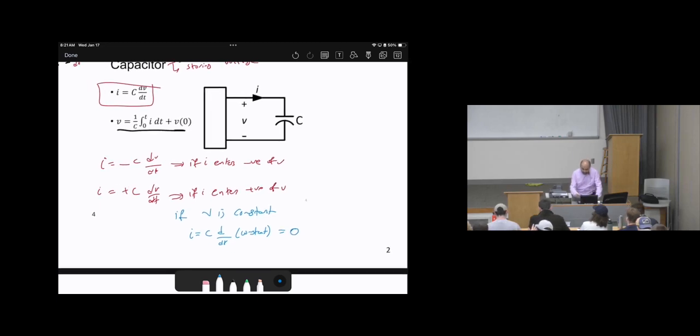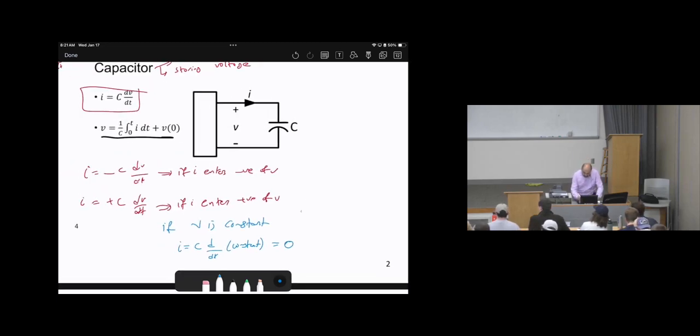So the only way to make it 0, we will replace this circuit or this capacitor by this. So here the voltage still exists, but the current equals 0. This is called open circuit, or as shortcut OC. Okay?